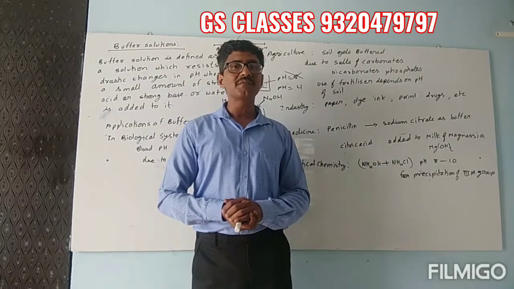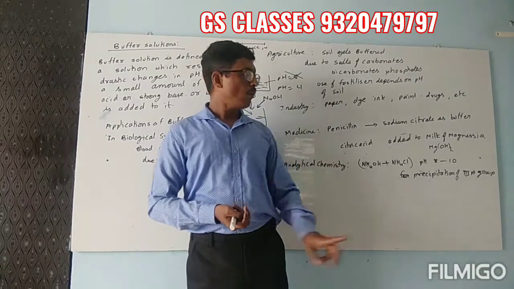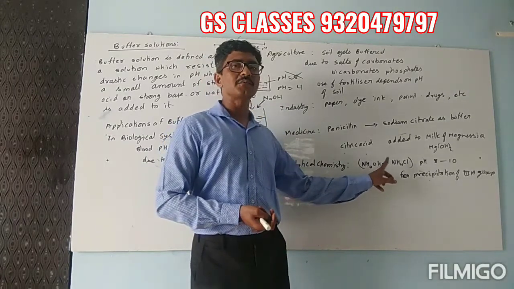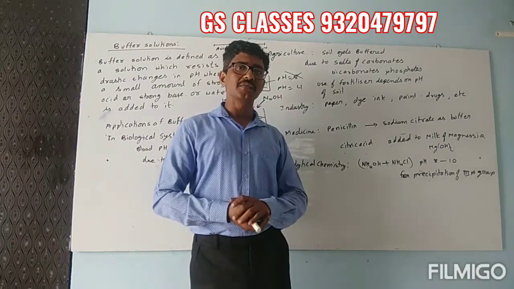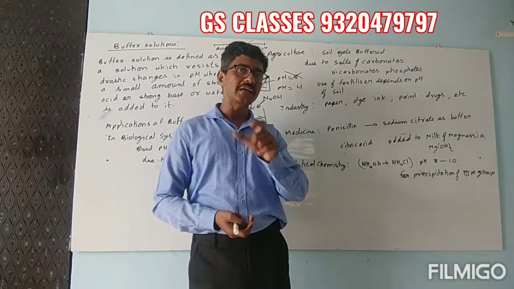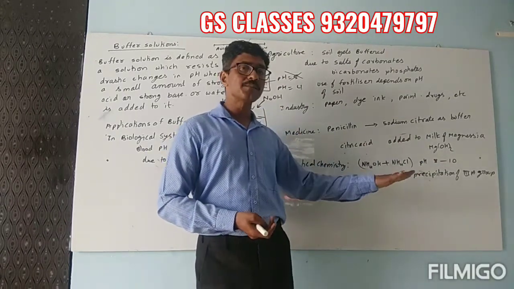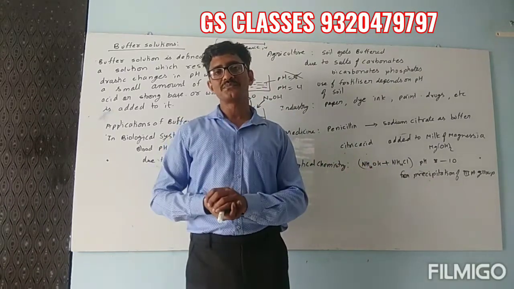So now onward, whenever you go into the lab and do the experiment, remember, you are adding ammonium hydroxide and ammonium chloride to maintain a pH level of 8 to 10, because within that range only these members of 3A can be precipitated out.